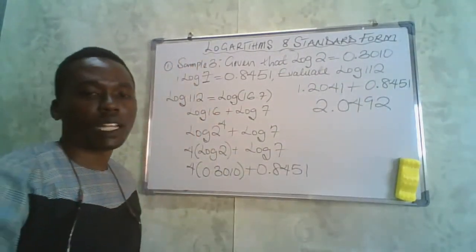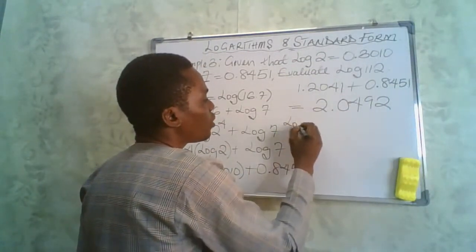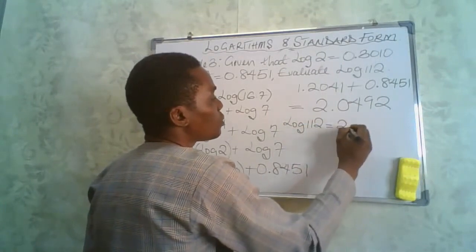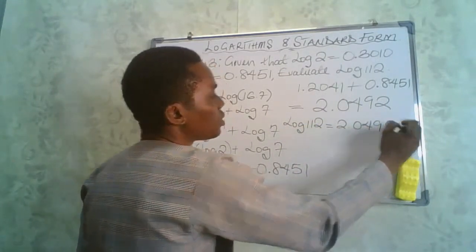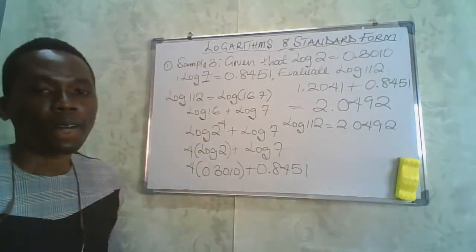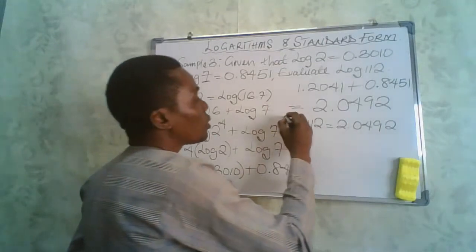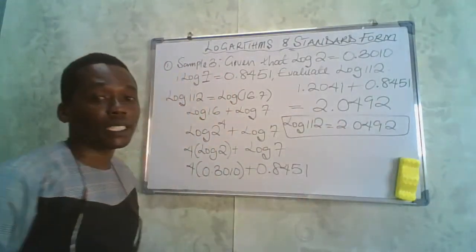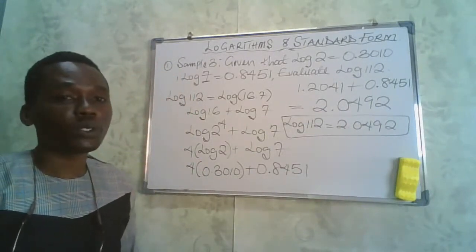And that is exactly what we are going to have. So the solution of log 112 is equal to 2.04992. Now, if you are pointing your calculator, I want you to point your calculator to find out if this solution is actually right. If it is right, that's exactly the kind of question you are going to see.